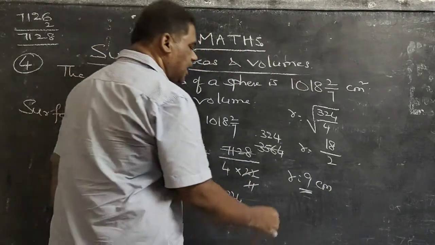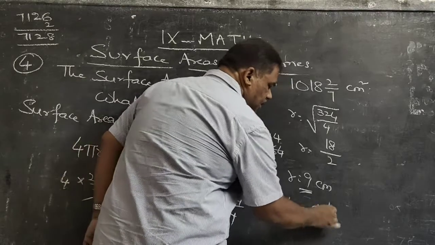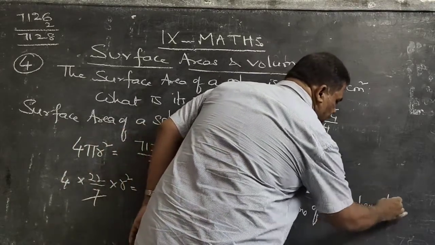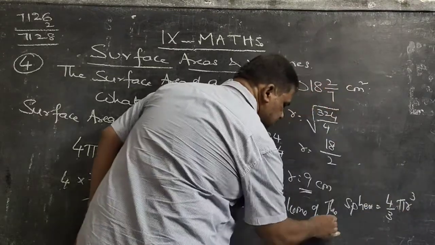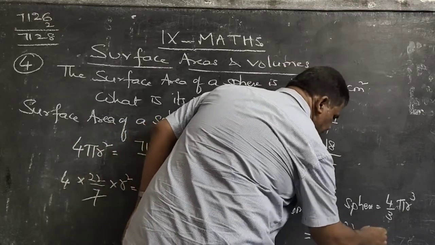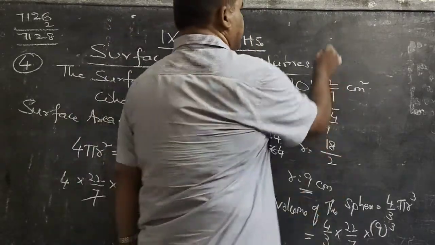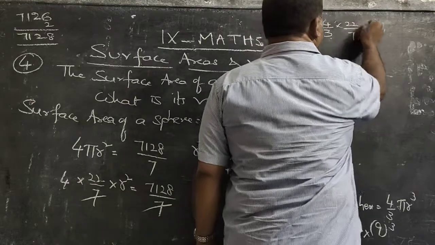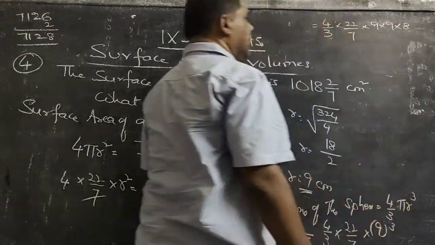After getting r value 9 centimeters, volume of the sphere, this you have to do at home. Volume of the sphere is given by the formula 4 by 3 pi r cube, that is 4 by 3 pi is 22 by 7, radius we got 9. So radius is 9 into 9 into 9.